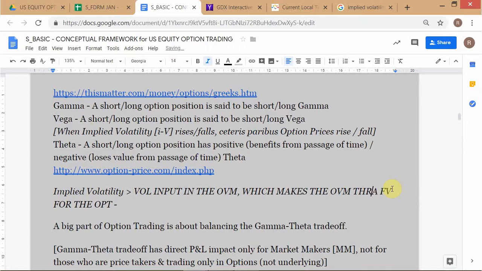Let's write it this way. Throw out a fair value for the option. So that particular vol input in the OVM makes the OVM throw out a fair value for the option.